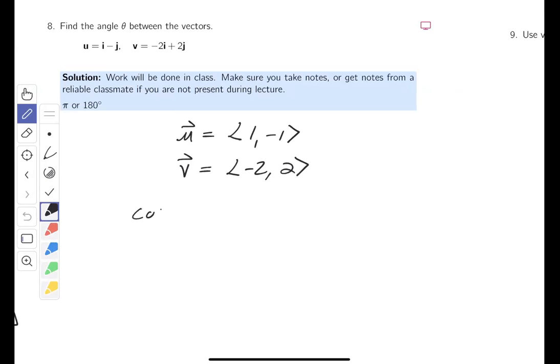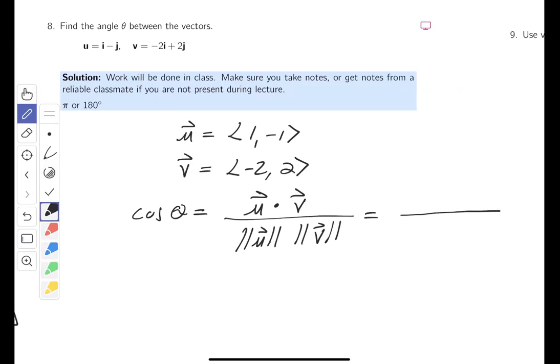So cosine of theta is going to be equal to U dot V over the length of U times the length of V. Let's get to work. What's U dot V? That's the easy one. That's going to be minus 2, minus 2.